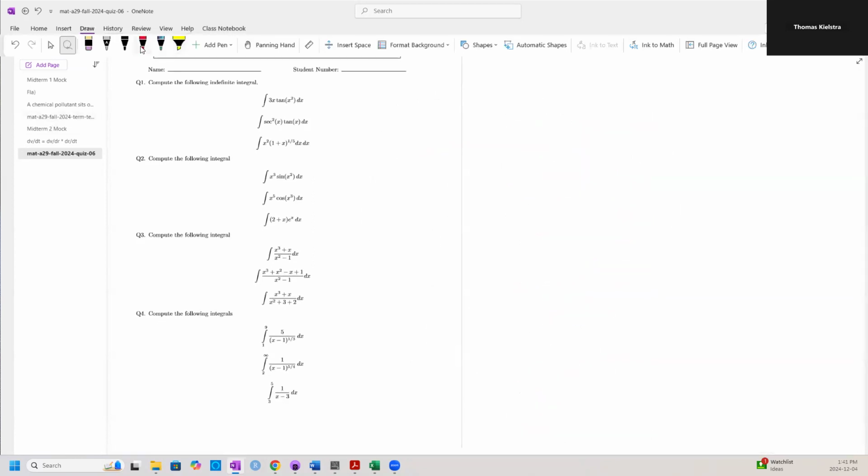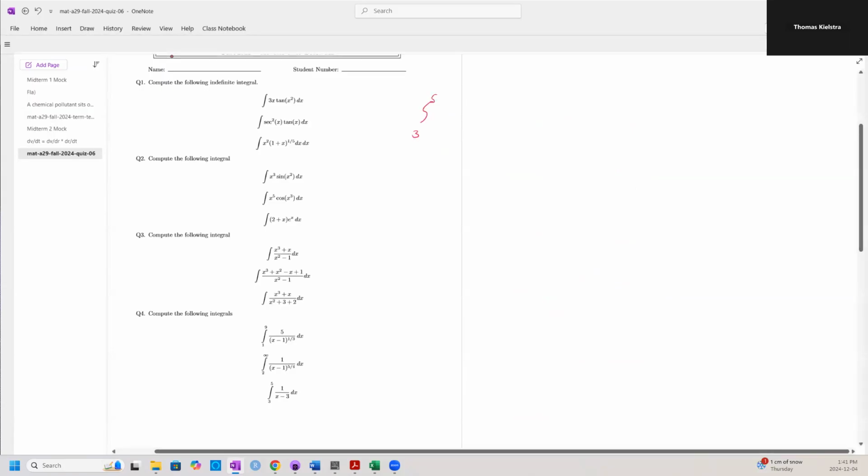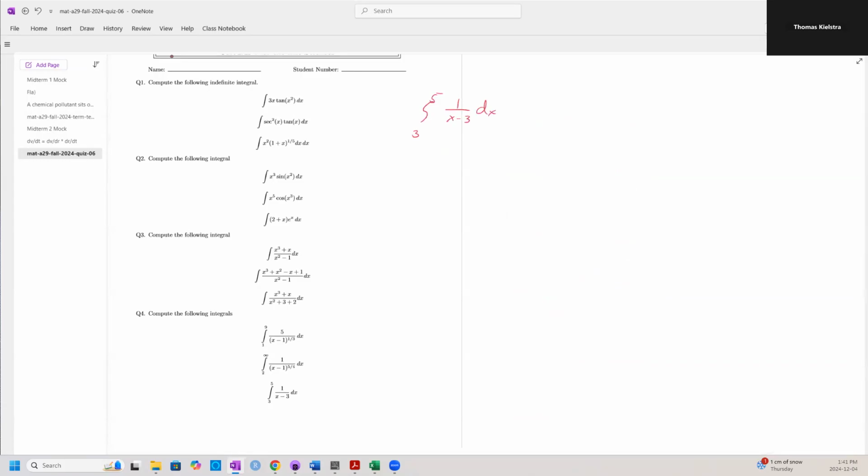Now, for our last example of Q4, we have the integral from 3 to 5 of 1 over x minus 3. Now, 3 is my discontinuity, so I have to take the limit as a approaches 3 from the positive of the integral from a to 5 of 1 over x minus 3.